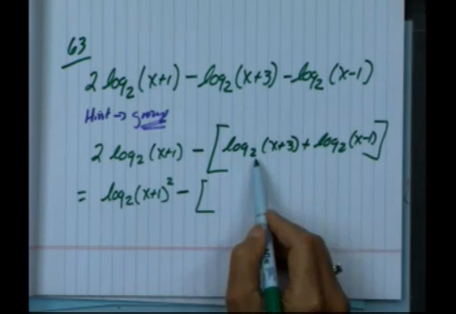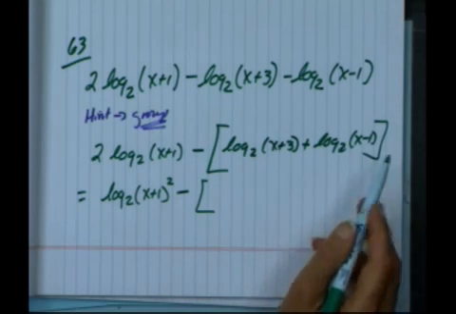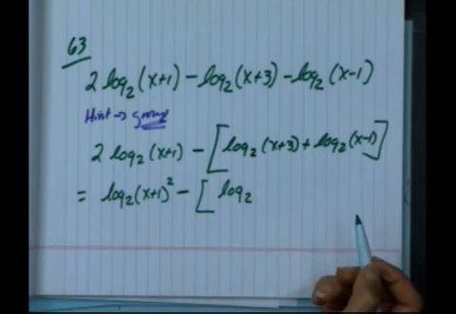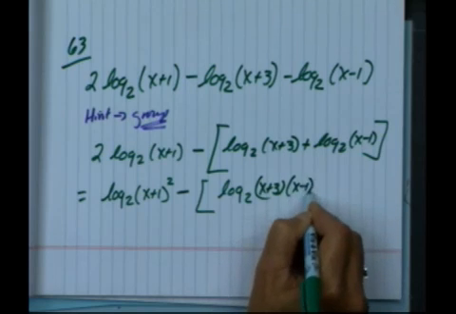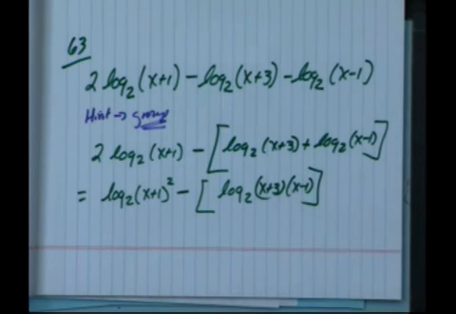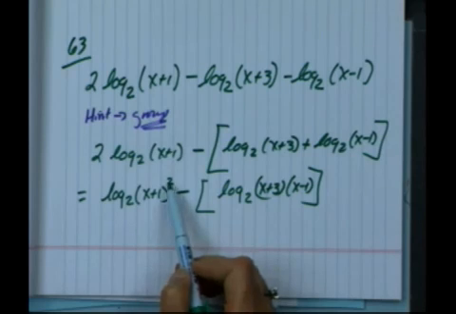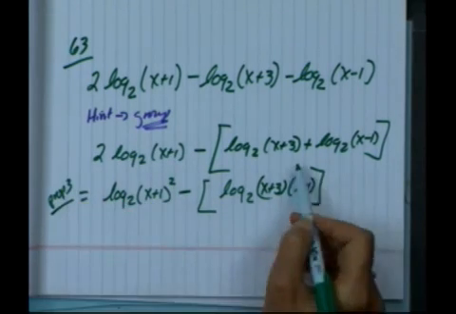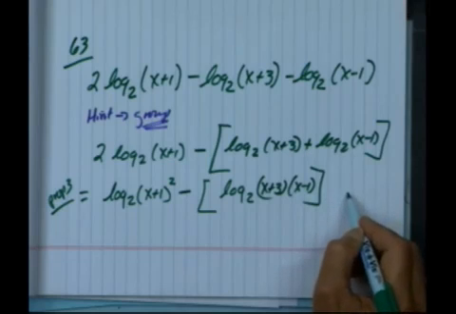If I have log to the base 2 of x plus 3 plus log to the base 2 of x minus 1, that's equal to log to the base 2 of x plus 3 times x minus 1. So when I brought the 2 as the exponent on the first term, that was property 3. And when I multiplied, because these 2 terms were added, that was property 1.